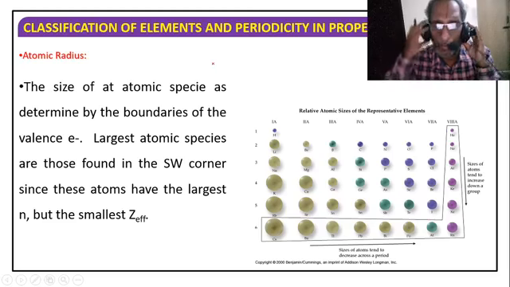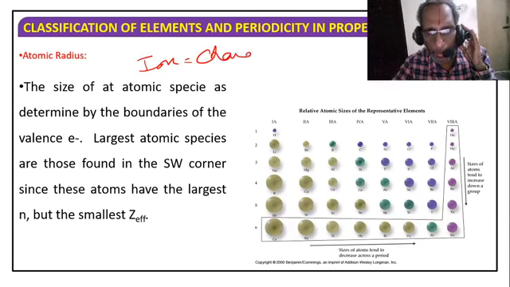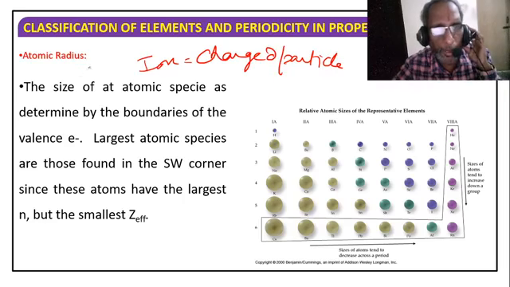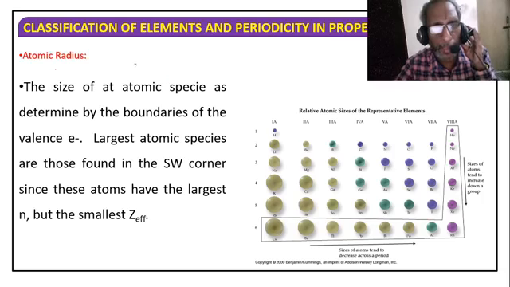Similarly, what is meant by ionization? First you have to recall ion. An ion is a charged particle. The process of conversion of a neutral atom to an ion is called ionization. Ions are of two types, cations and anions.